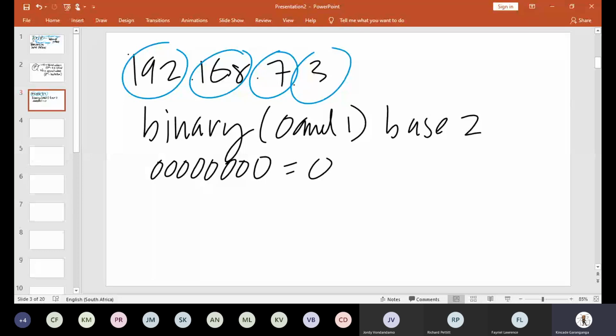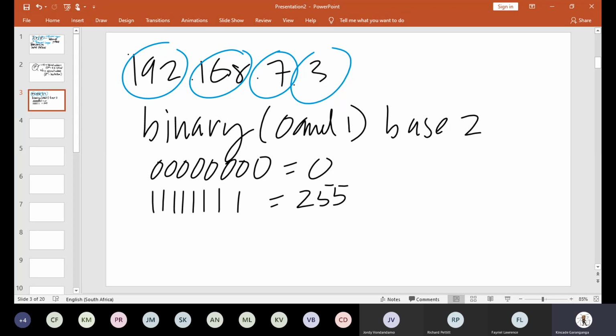The maximum of the 8-bit configurations is 8 ones, and that equates to 255. What this means is that in an IPv4 address, you can never have a number less than 0, and you can never have a number greater than 255.